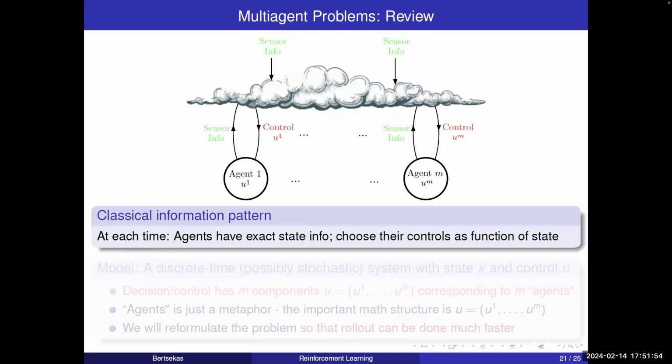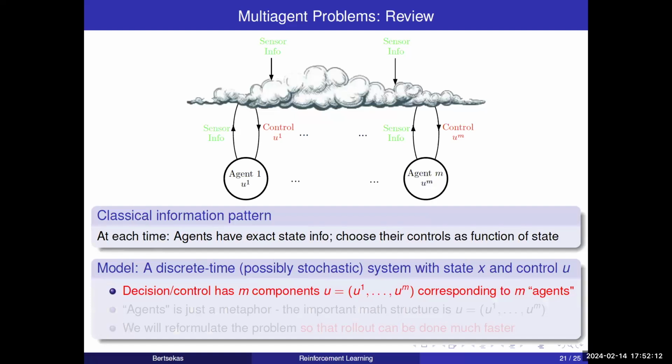Once these trajectories are computed by the cloud, it can freely pass back the corresponding controls to each of the agents. So at each time, agents have exact state information, and they choose their controls as a function of the state. Our model operates in discrete time, and it may be stochastic, as in the case of the spiders and flies problem.